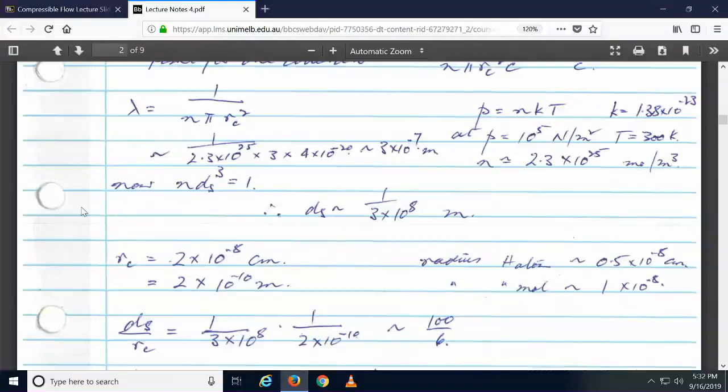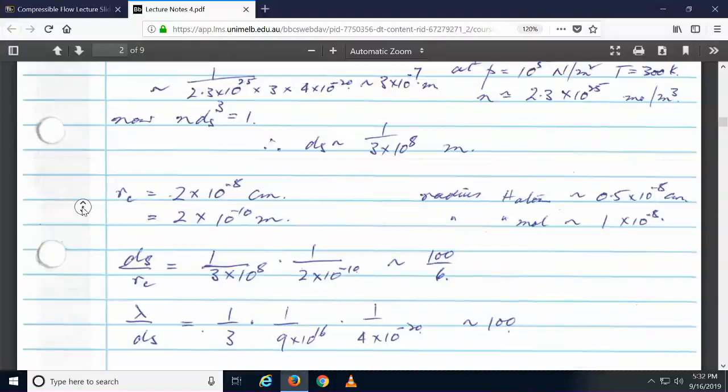If you put those in, ds is 1 over 3 by 10 to the 8th, and rc is 2 by 10 to the minus 10. The answer is 100 over 6. So the distance between molecules is very large compared with their collisional cross-section. It's about 16.